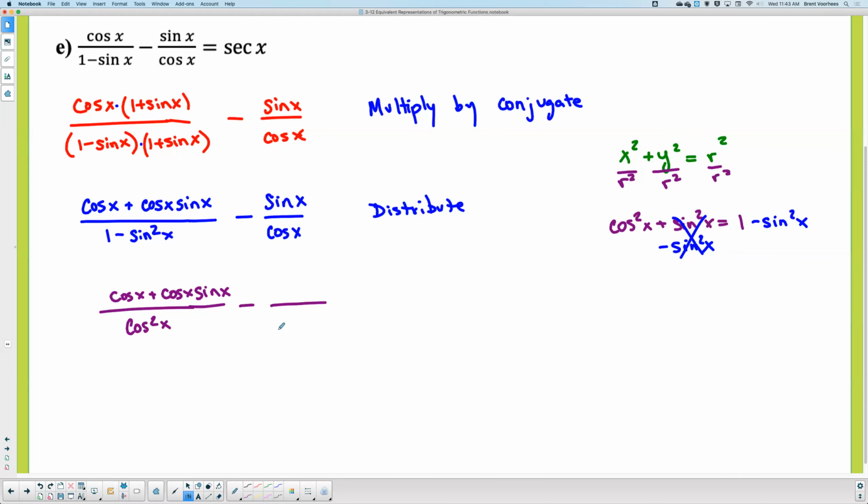If I want to make this cosine squared, I'm going to have to multiply by another cosine. So it's going to become a sine times a cosine. Actually, I'm going to reorder this because it'll matter in a second. I'm going to do it cosine times sine. Mathematically, it's the same thing, but it'll make a difference over here. So in that step, I did a Pythagorean identity, and I also got a common denominator.